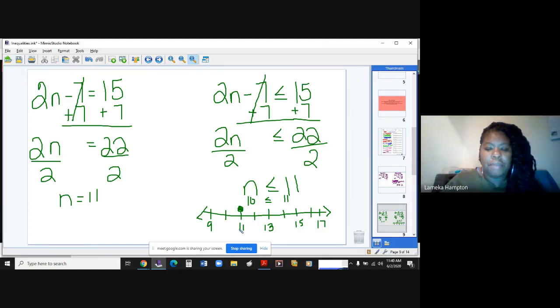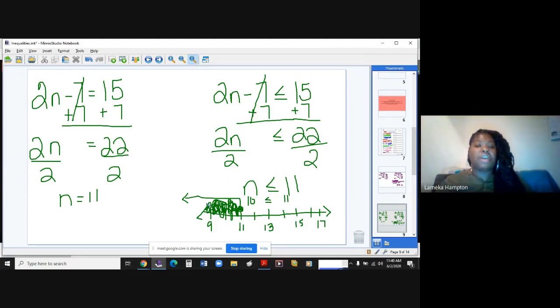And because 10 made this inequality true, that lets me know that any number to the left of 11 will also make this inequality true. Any decimal, any fraction, any negative number, all of that is going to make my inequality true.